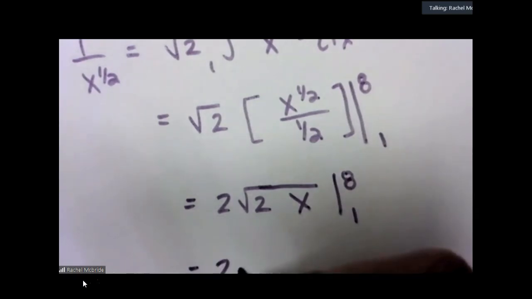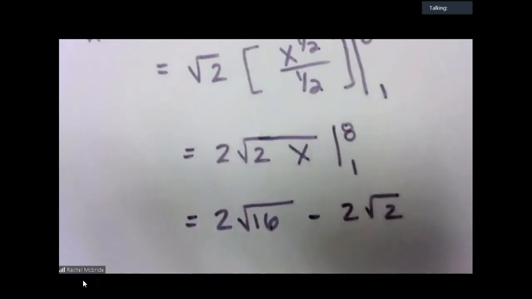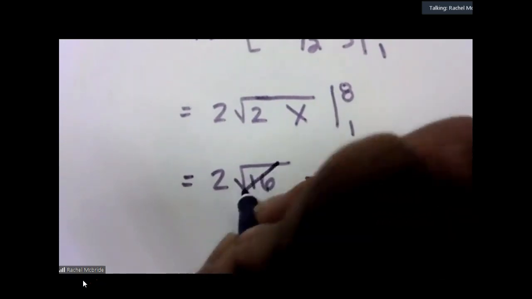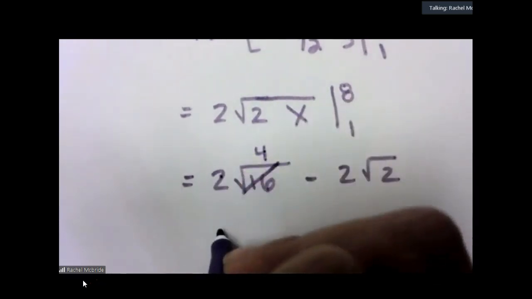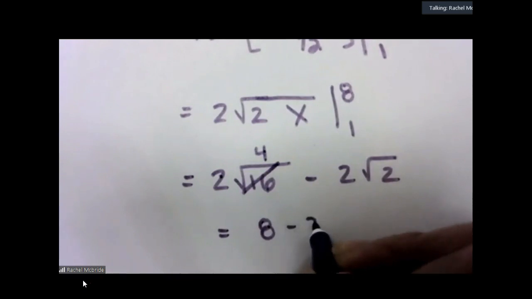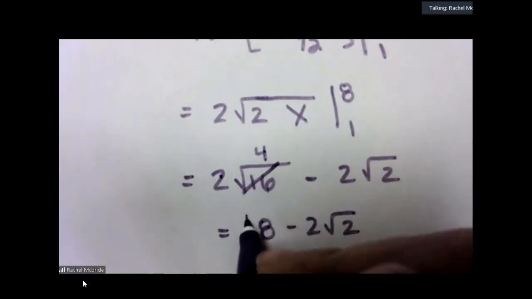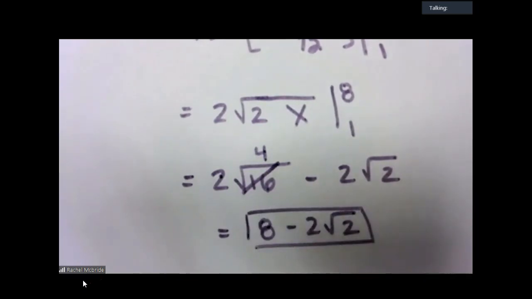So you get 2 square roots of 16 minus 2 square roots of 2. Square root of 16 is 4, 4 times 2 is 8. So I get 8 minus 2 square roots of 2. Did you say H is the other one?